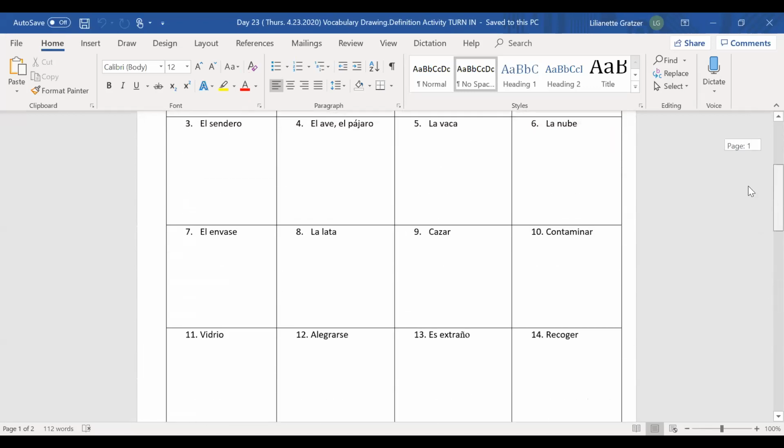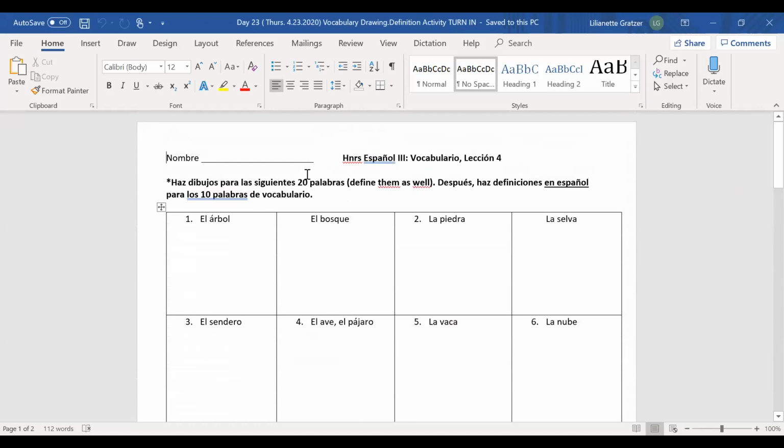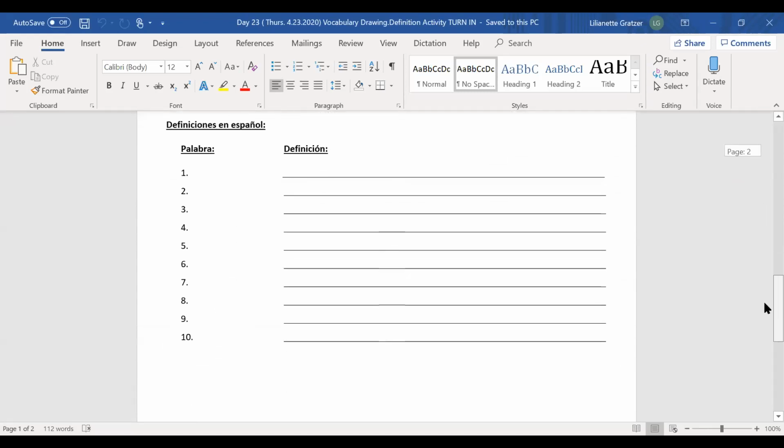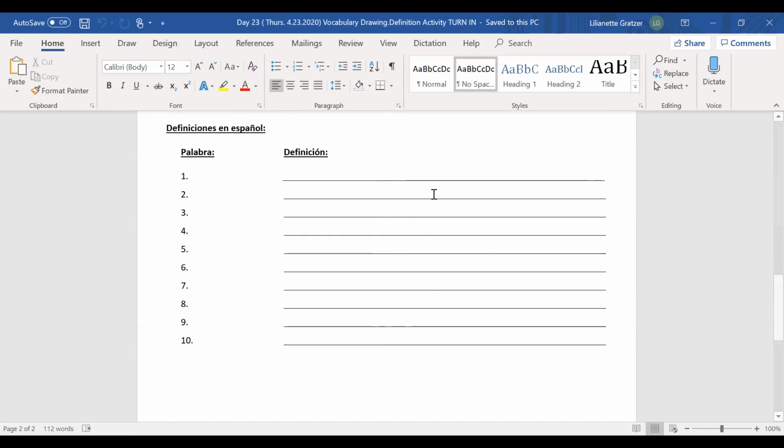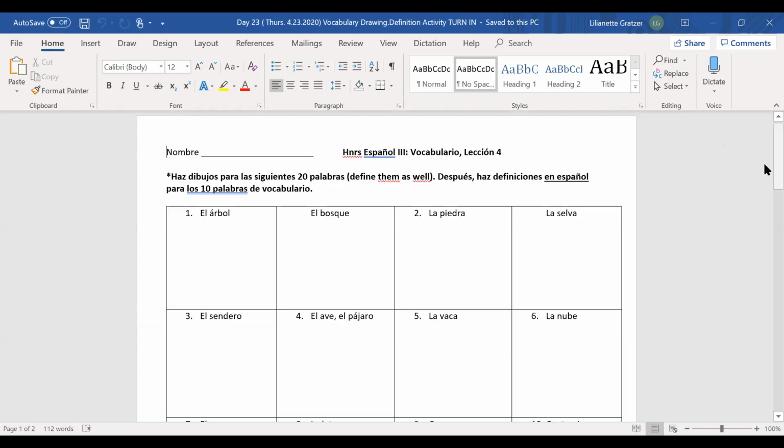Take that back, 18 words. It'll say 20 on there, but I'll update it on my blog. And then do definitions for 10 of them. You can see the second paper, you'll pick which words you would like to do a definition for, and it is a definition in your own words. So this is going to be the assignment for today. Like I said, it might say 20 here, but I'm going to put that it's 18 words, okay?